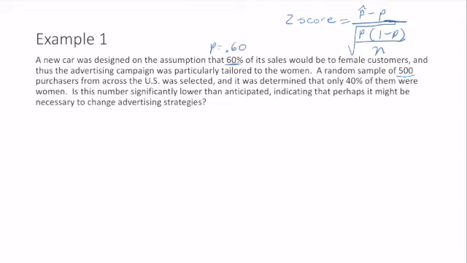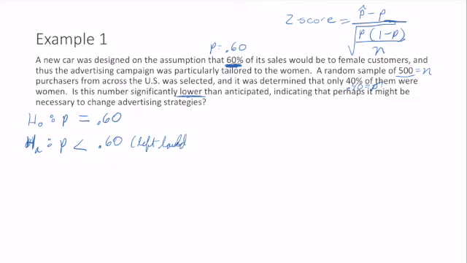My alternate hypothesis is that the proportion is actually less than 0.60. Is this number significantly lower? Lower would be less than. This makes this a left-tailed hypothesis test.